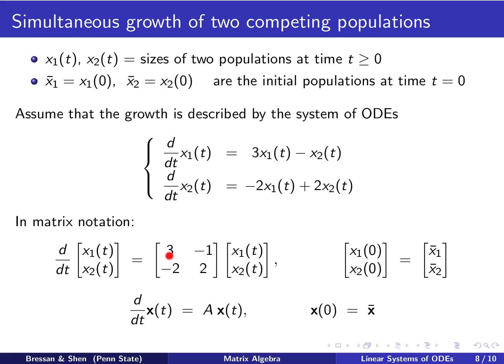And then the coefficients are the ones we collect: 3, negative 1 here, and negative 2, 2 here. Okay, and then the initial condition is that x at 0 is this x. Let's write it as a capital boldface x bar. So very compactly we can write it as this ODE in matrix form.